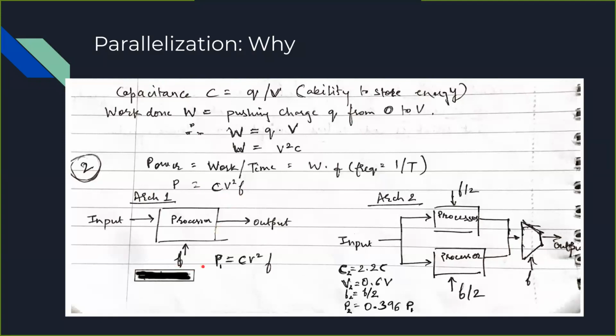If a normal processor consumes P1 power, and instead we introduce another architecture which has two processors running at half the frequency, the capacitance might more than double, and the voltage required might more than halve because of that.